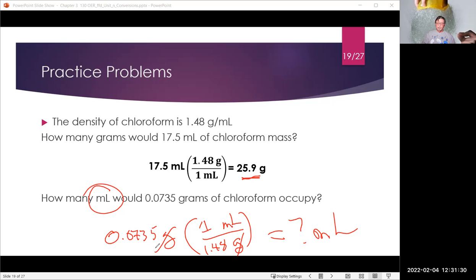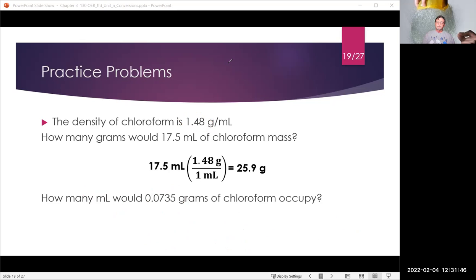So now I take 0.0735 divided by 1.48. I have 3 sig figs in density, so my answer again would be in 3 sig figs. That would be 0.0497.